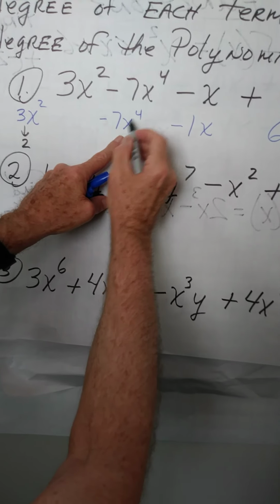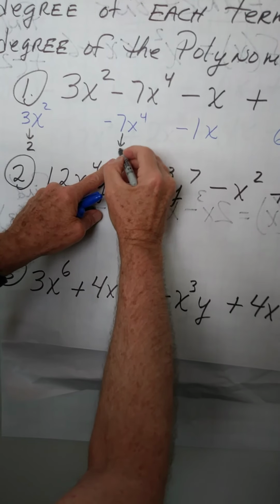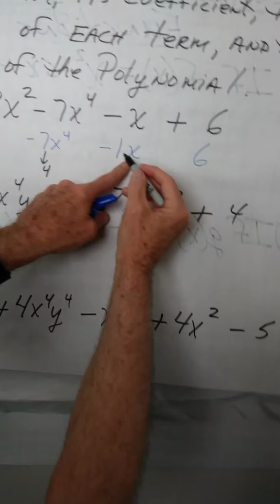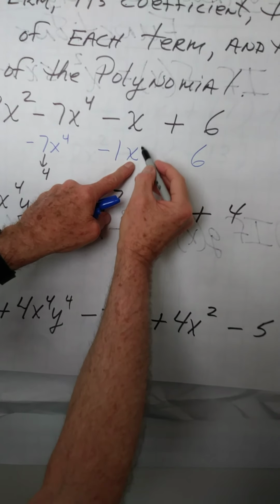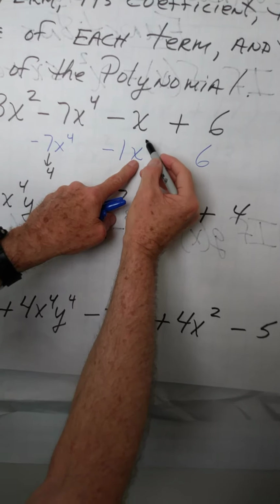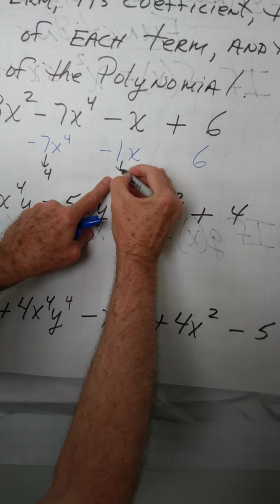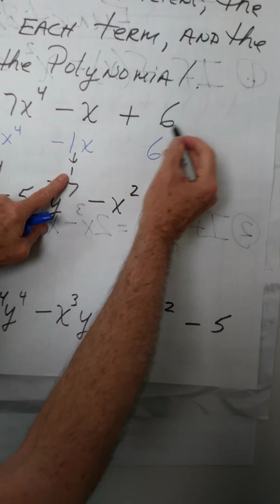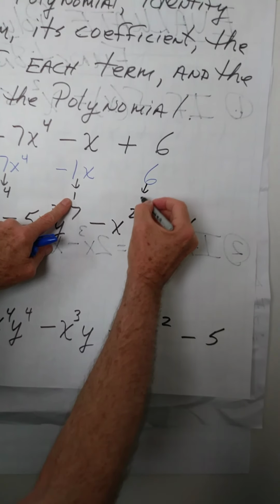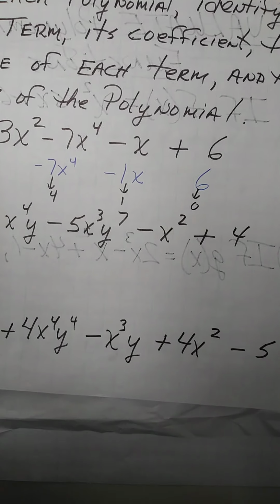There's only one letter, 4. The degree of this third term, well, the exponent in the upper right-hand corner of that variable x is an implied 1, so its degree is 1. And the fourth term, there are no variables, so its degree is 0.